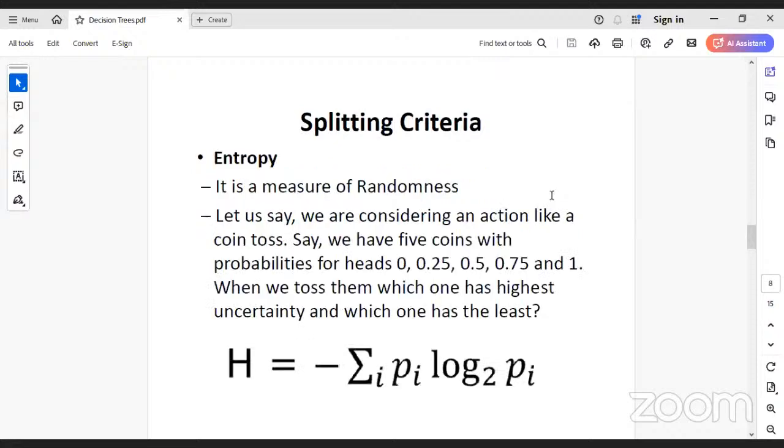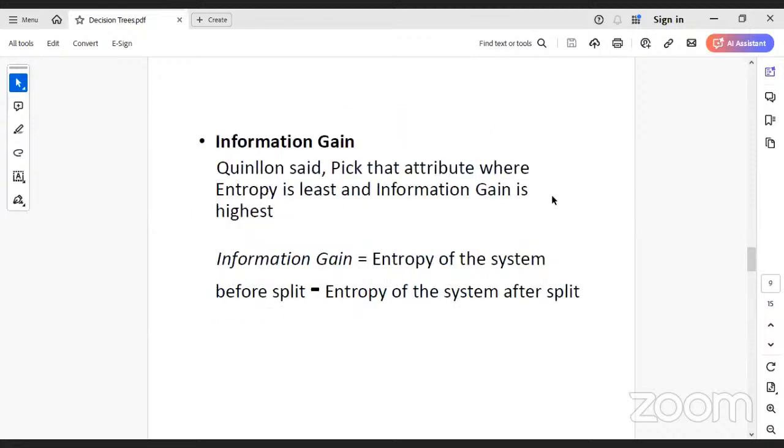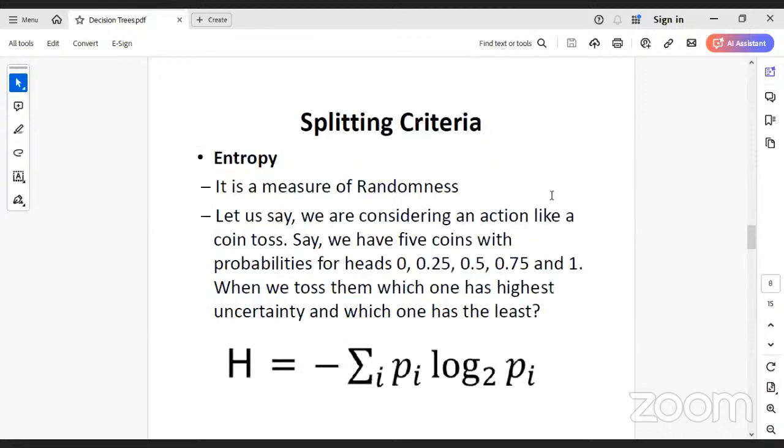On what basis? Say, entropy. Randomness is nothing but error. Entropy is a measure of randomness. Measure means we are trying to calculate the noise, the error within the data. Whenever we talk about error, error should be low.